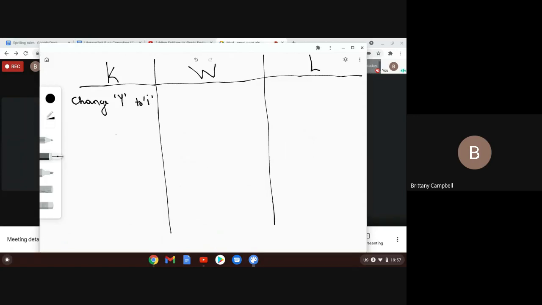Do we know anything else? It changes the meaning. So when you change the Y to an I and you add the suffix, it changes the meaning.